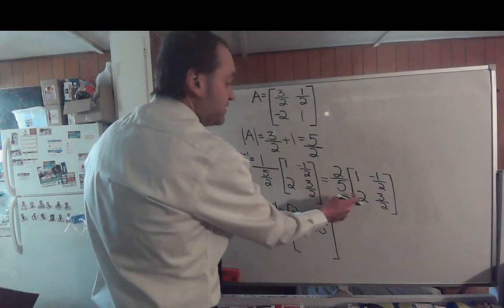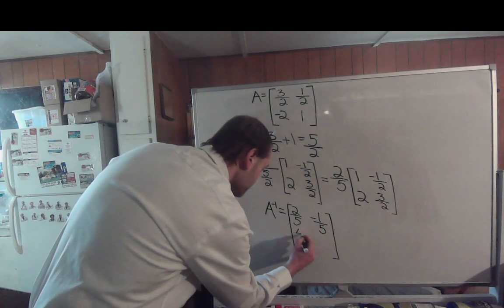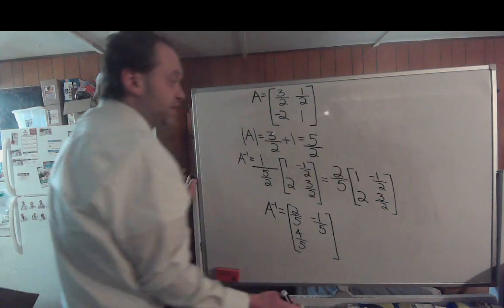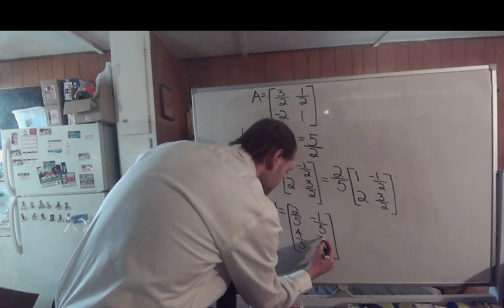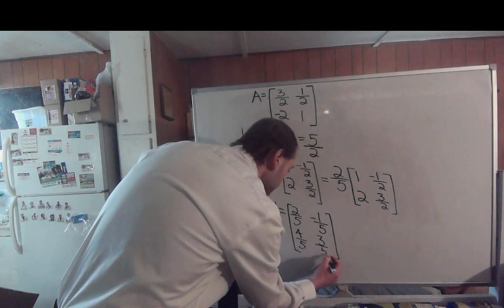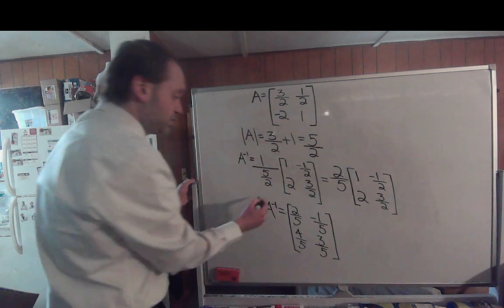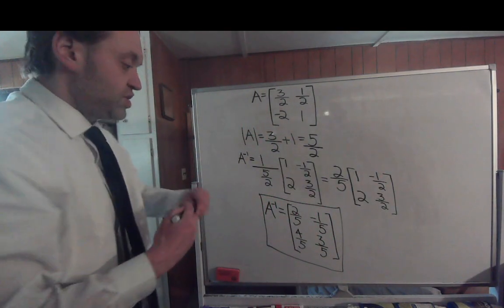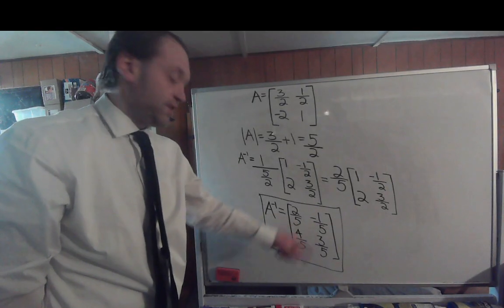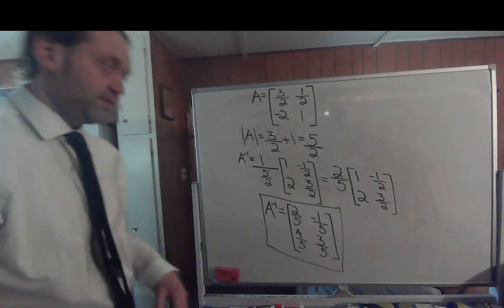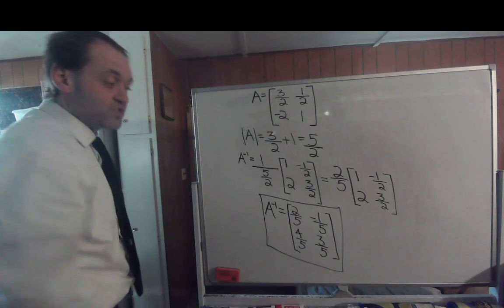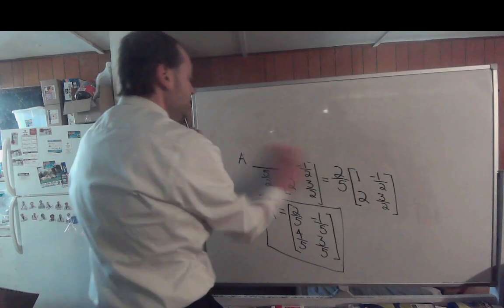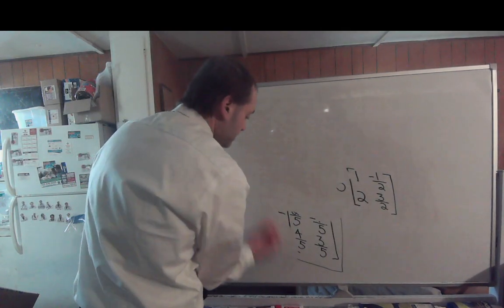All right, 2/5 times 2 would give you 4/5. 2/5 times 3/2 would give you 3/5. So the inverse matrix of A would be 2/5, -1/5, 4/5, and 3/5. And I got just one more for this lesson, then we're done with the lesson. Inverse of a 2x2 matrix really isn't that bad.